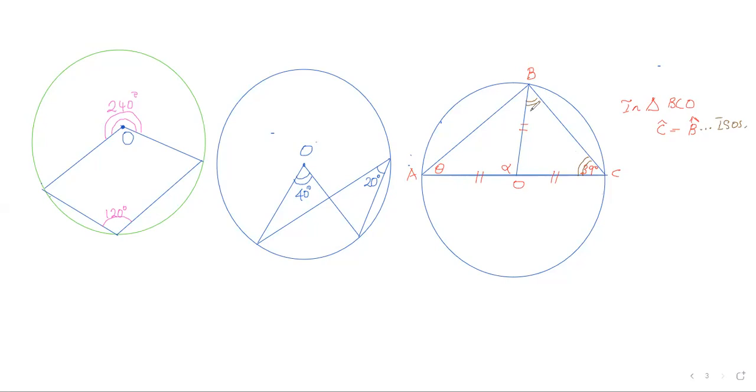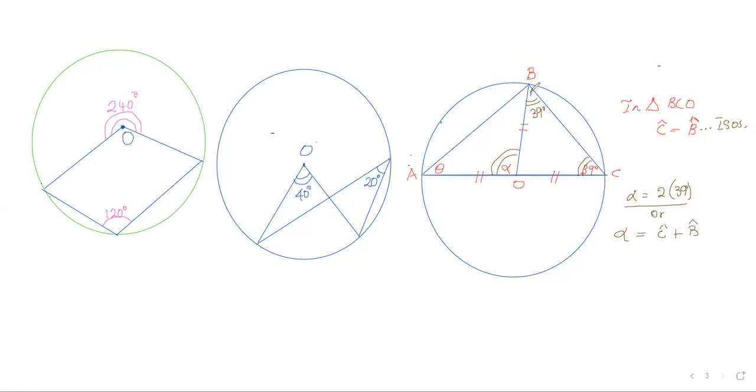Therefore, this will also be 39, but alpha is outside the triangle BCO. Therefore, alpha will be twice 39 degrees, or simply we say alpha is equal to angle C plus angle B.